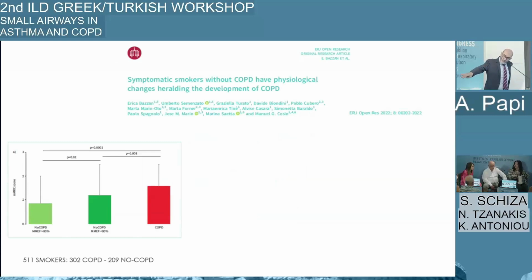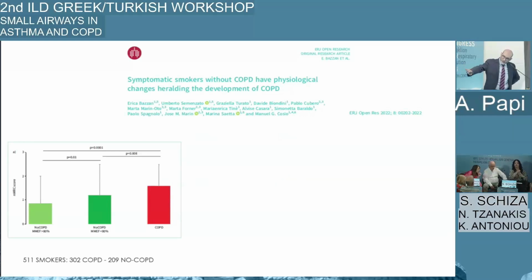These are three groups. In red there is a COPD group. In pale green there is a group with no airflow limitation and no alteration in small airways. In dark green you see a group of patients with no airflow limitation and impairment in small airways as assessed by MMEF. And it is correlated to the impairment in PROs, in this case, the mMRC score.